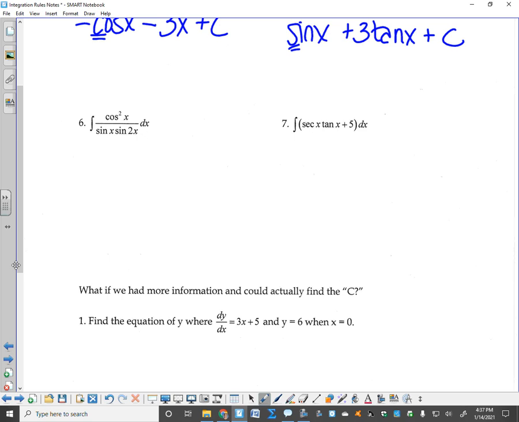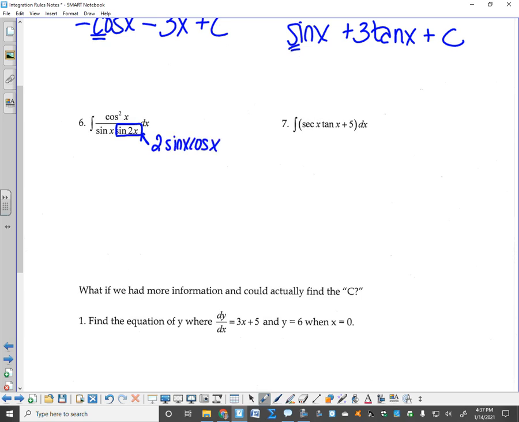All right, number 6. Oh my. The cosine squared of the sine, I can handle, I can magically turn that into something, but sine of 2x? No. Sine of 2x has a different of. So I hope you're thinking double angle. We are going to replace it with 2 sine x cosine x. That's that one double angle.